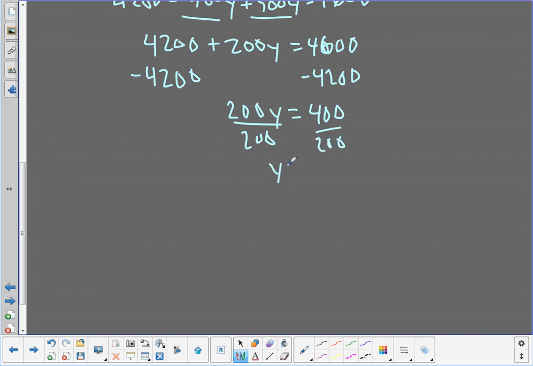And I get y equals 2. So I know that there were 2 3-bedroom apartments that were vacant. I need to plug that back in and get the other one. I know that one of those equations was x plus y equals 6. So I'm just going to take my 2 and plug it in there. X plus 2 equals 6 and subtract your 2. X equals 4.